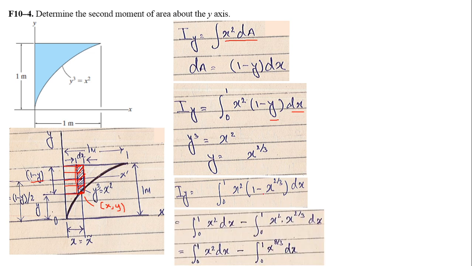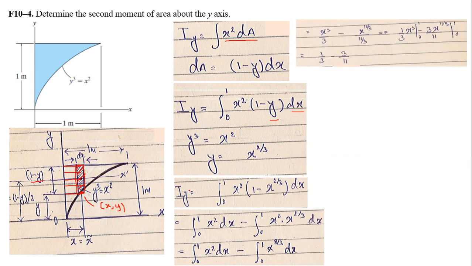But this is not the most simplified form of the integration, so we solve it a bit more. This x square is being multiplied with 1, and then this x square is being multiplied with this x raised to the power 2 upon 3. And we have two very simple integrals now. So integral 0 to 1 x square dx minus integral 0 to 1 x raised to the power 8 upon 3 dx, and this is equal to Iy. So you just integrate these simple integrations with respect to x.